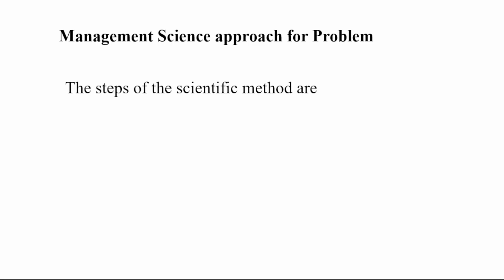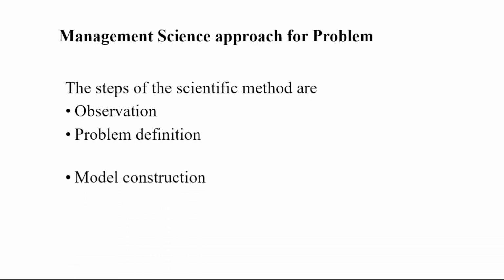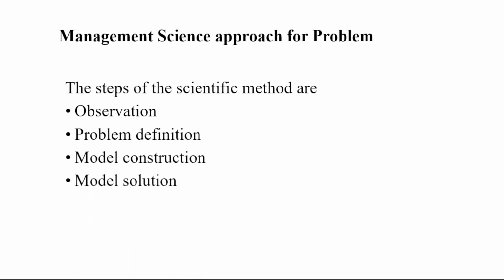If it is science, then what are the different steps which can be followed to get the optimal results? These are some steps of the scientific method. First of all, we observe the problem, we define the problem, we model the problem, and then we solve the problem, and then we implement the solution.